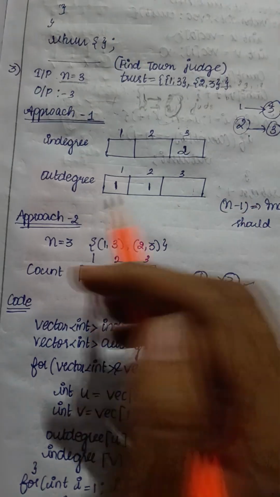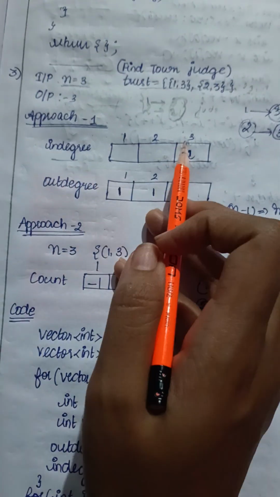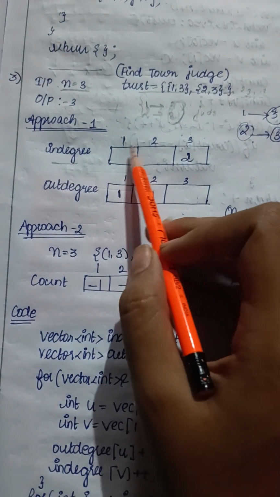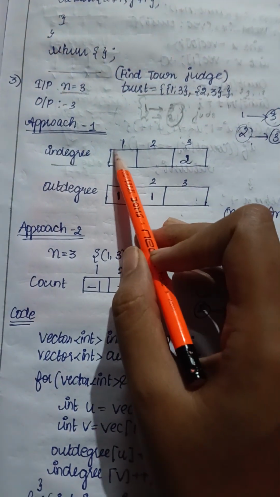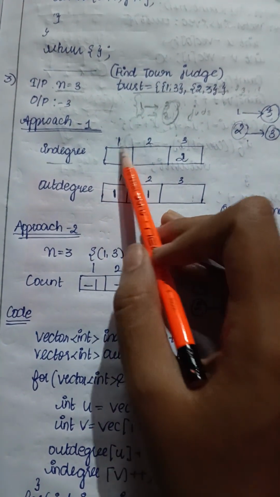First of all, I'm maintaining an in-degree array and an out-degree array, which are 0 index based, and I'm starting from 1, 2, 3.